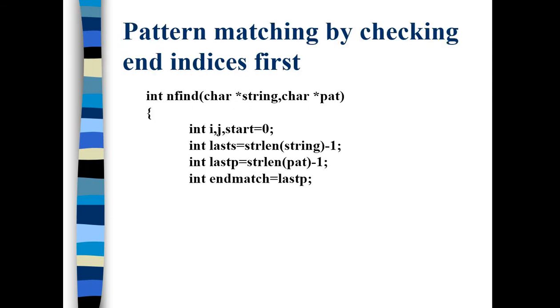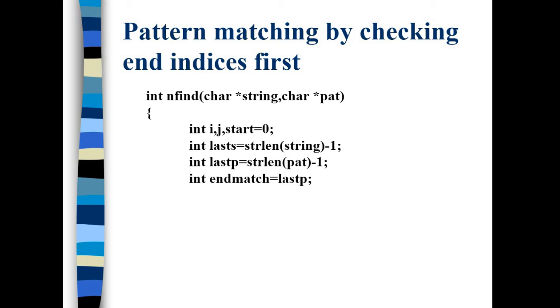So now let's move on to pattern matching by checking end indices first. For this, we will pass the string and pattern. Where is the string end, what is the length of the string, we store it in last s.